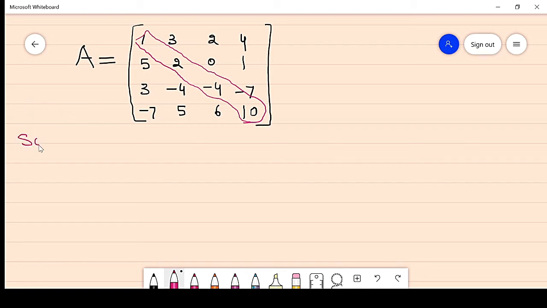Now, this notation is called equivalent. This is the first row, second row, third row, and fourth row. The first row is 1 3 2 4.